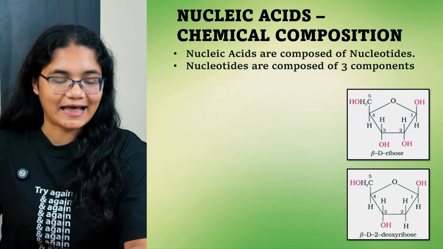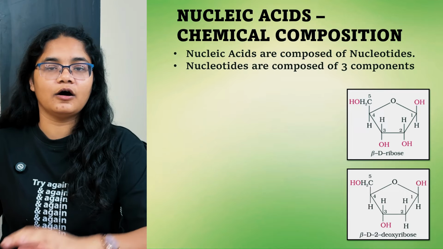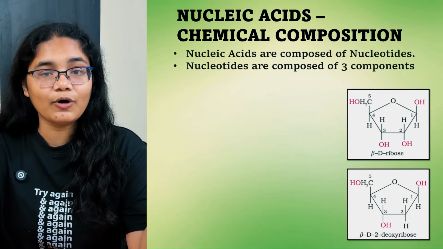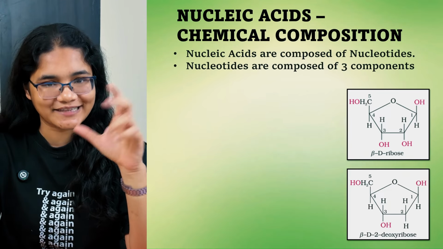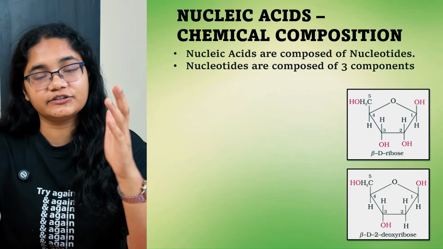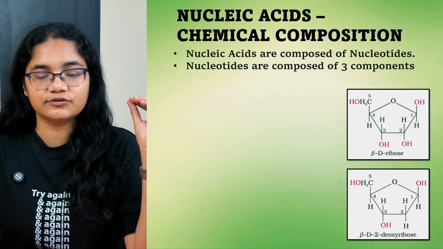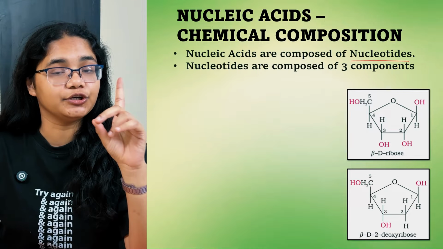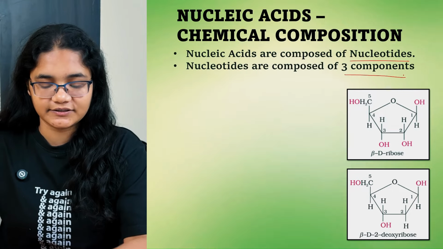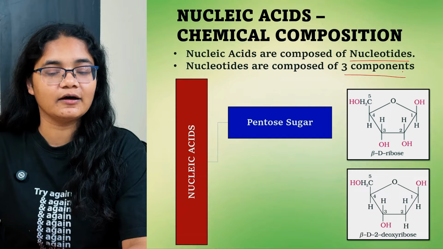See, like you have seen that carbohydrates are the polymers of monosaccharides, and proteins are the polymers of amino acids. Similarly, nucleic acids are the polymers of nucleotides. And each nucleotide contains three components. So, what are the components of a nucleotide?